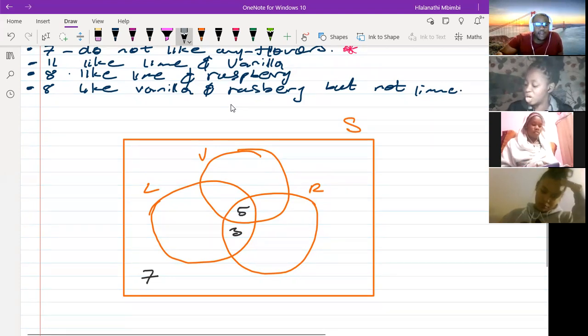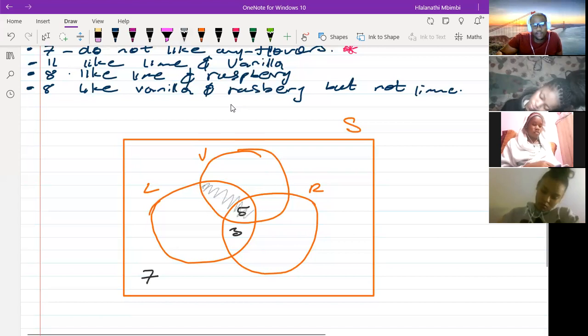So we then have 11 that like vanilla and lime, so that 11 is here. Altogether that must be 11, and we already have 5 there. So we must say 11 minus 5, which is 6.